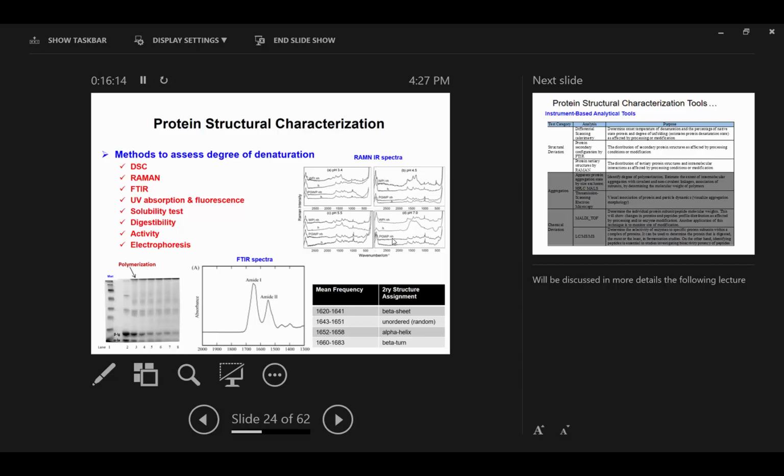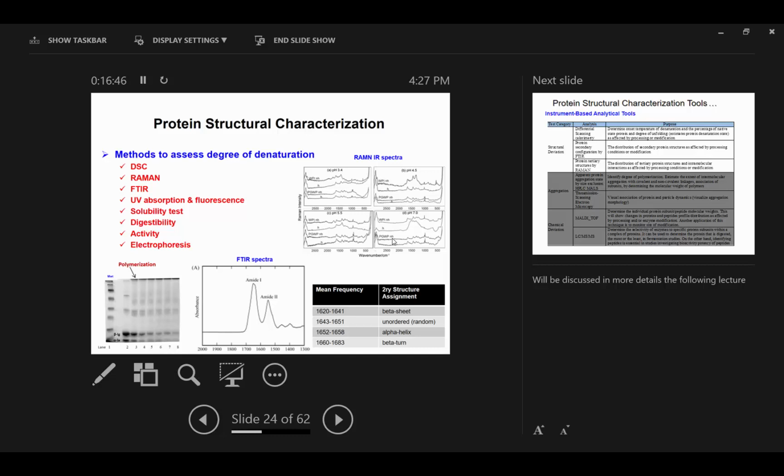Other ways of determining denaturation are UV absorption and fluorescence. What are the three amino acids that are hydrophobic and absorb light? Tyrosine, tryptophan, and phenylalanine. These three are hydrophobic and they absorb light and fluoresce.